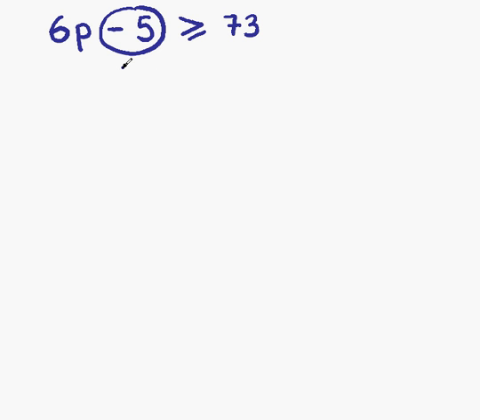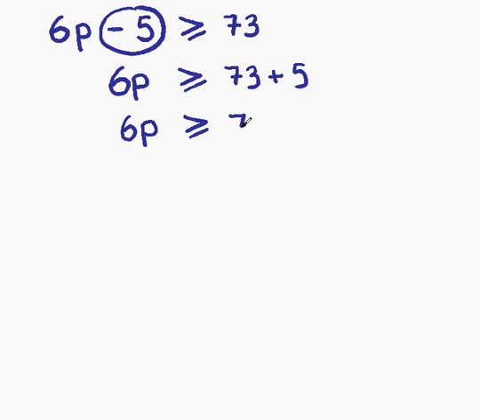So putting down the things that are staying where they are, we have 6p on the left hand side and 73 on the right hand side. Minus 5, change side, change sign, becomes plus 5. So we have 6p is greater than or equal to 73 plus 5. So 6p is greater than or equal to 78.